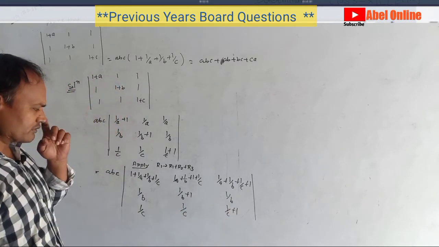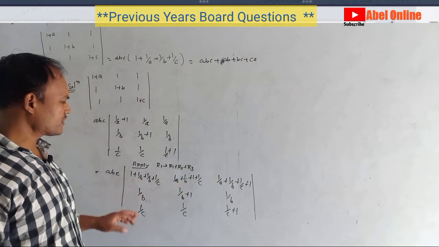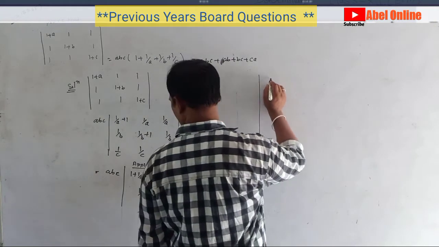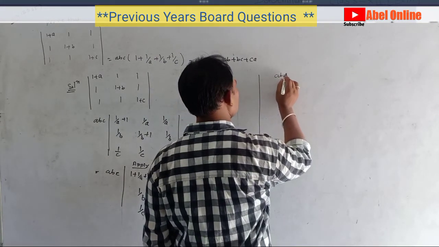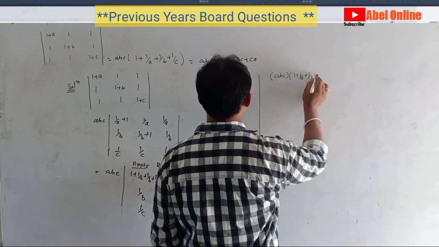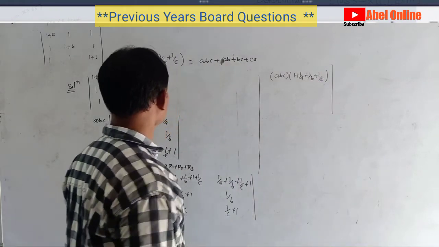Okay, so these elements are the same. So we can take the common from here. So it is abc, and 1 plus 1 upon a plus 1 upon b plus 1 upon c is the common. What is the remaining?